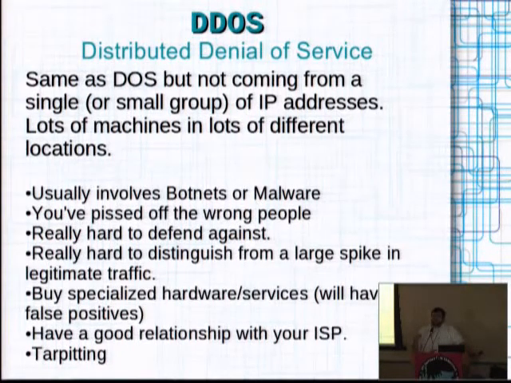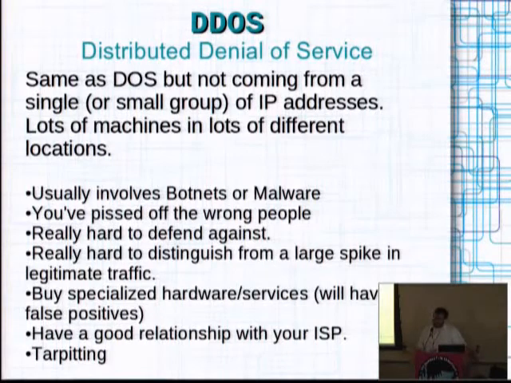So it's coming from people who might legitimately be using your service anyway. So blocking that person would also block their legitimate use of your service. And again, you can't really tell the difference between a DDoS attack and your service just becoming tremendously popular.